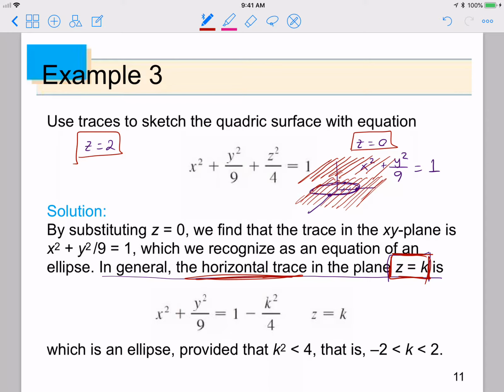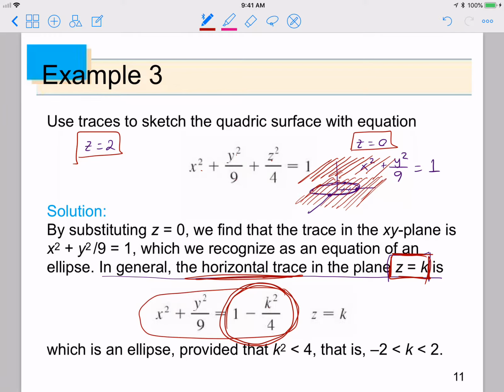If we plug in z equals k, we get x squared plus y squared over 9 equals 1 minus k squared over 4. In order for this to make sense as an ellipse, first of all, 1 minus k squared over 4 can't be a negative number.